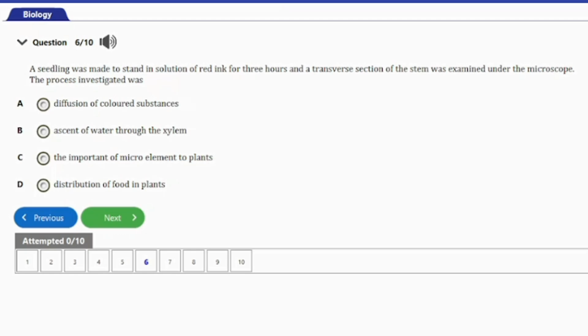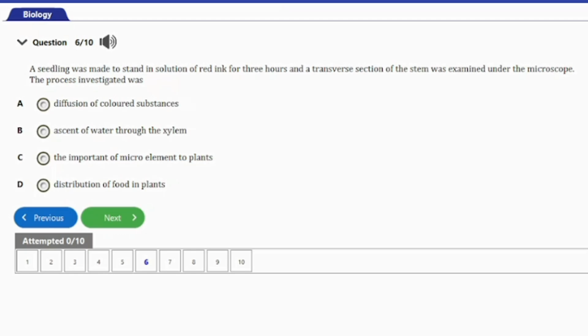The process investigated was A. diffusion of colored substances, B. ascent of water through the xylem, C. the importance of microelements in plants, D. distribution of food in plants. The answer is option B, ascent of water through the xylem.